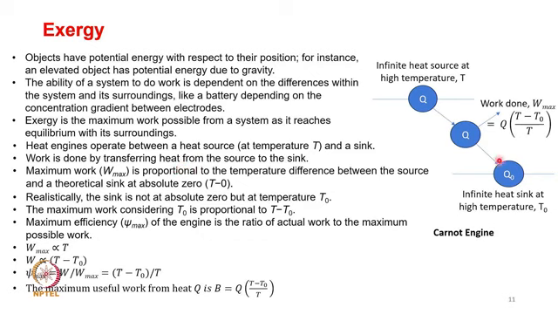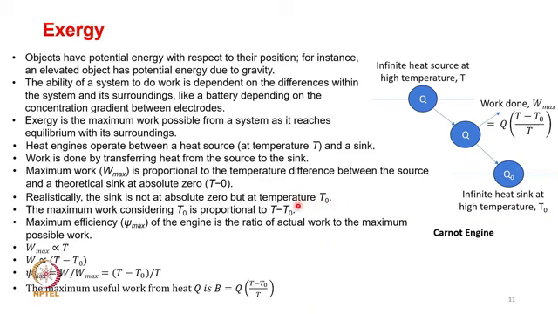And work is typically done by transferring heat from the source to the sink. The maximum work of course is proportional to the difference between the source and the theoretical sink at absolute zero. Fine. But realistically the sink is not at absolute zero, but of course is at a temperature T naught.